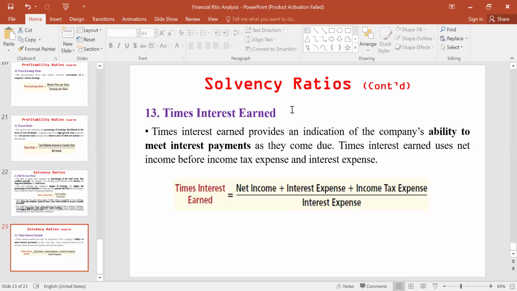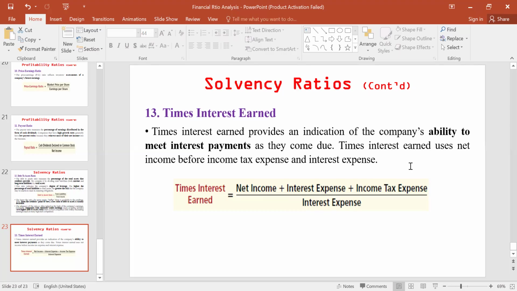Another solvency ratio, times interest earned. This ratio provides an indication of the company's ability to meet interest payments as they come due. Times interest earned uses net income before income tax expense and interest expense, that means EBIT.